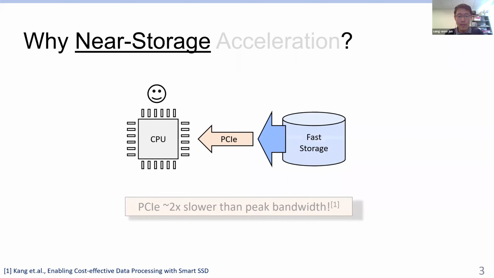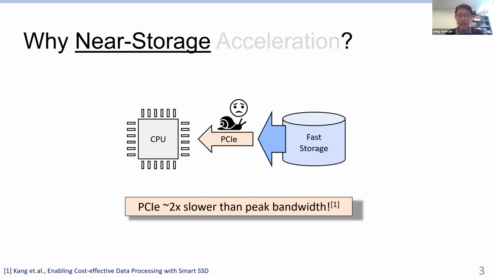But as storage became faster than the typically allocated and provisioned intercommunication bandwidth between the storage and the CPU, for economic reasons... In fact, if you look at publications from Samsung and these other places which actually build storage, typically the provisioned PCIe bandwidth is something like 2 times slower than the available peak internal bandwidth of the storage device itself. In this situation, if your software was smart enough to make the best use of storage access characteristics, then very quickly the PCIe or some other interconnect, it could be Ethernet, some other interconnect between the storage and the CPU will become the performance bottleneck.